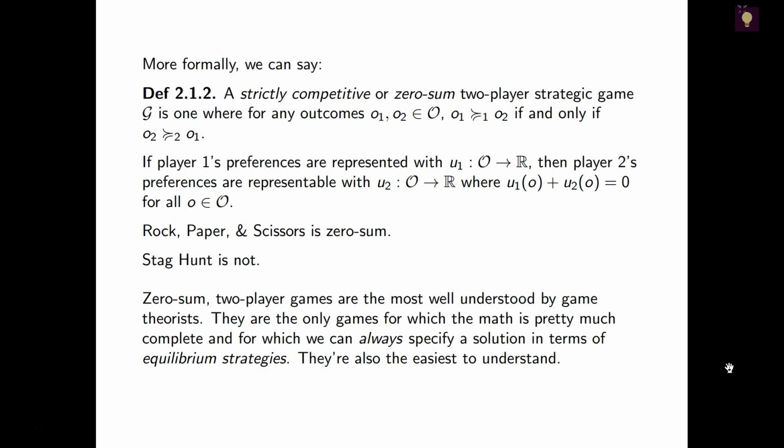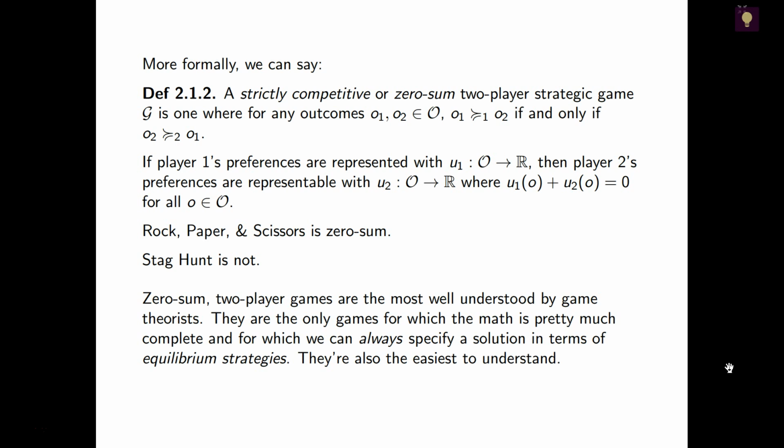If player 1's preferences are represented with U1, then player 2's preferences are representable with U2, where U1 of O plus U2 of O equals 0 for all outcomes in O. So what that's saying is that a zero-sum game is one where player 1's utility plus player 2's utility for each outcome is going to equal 0.